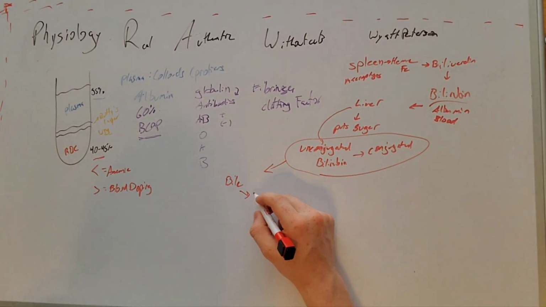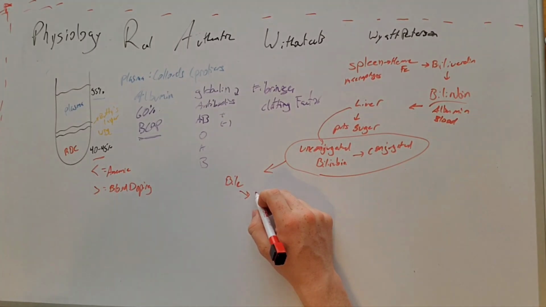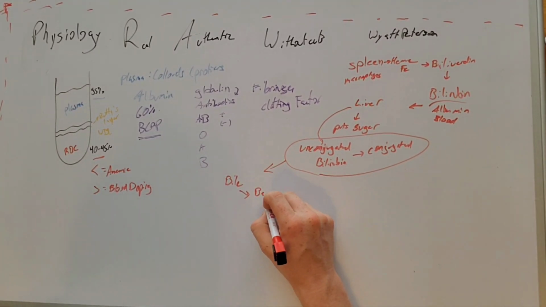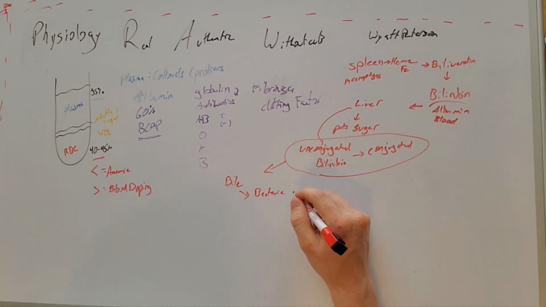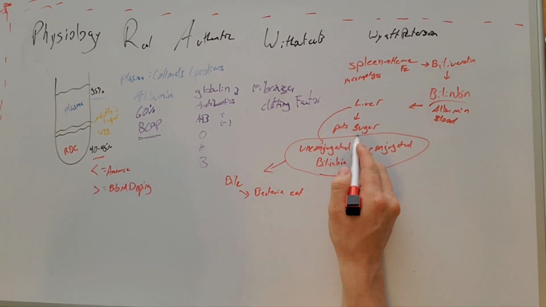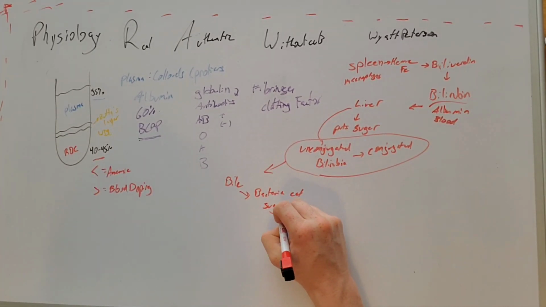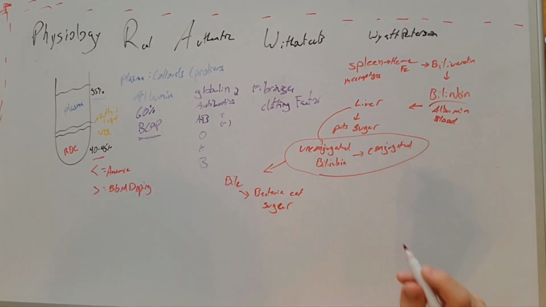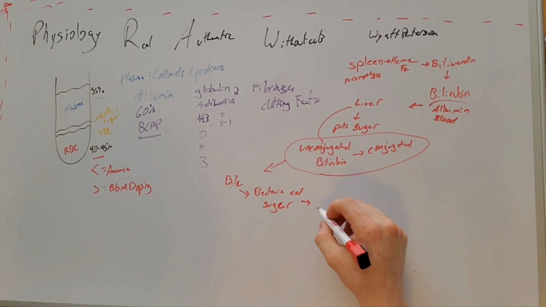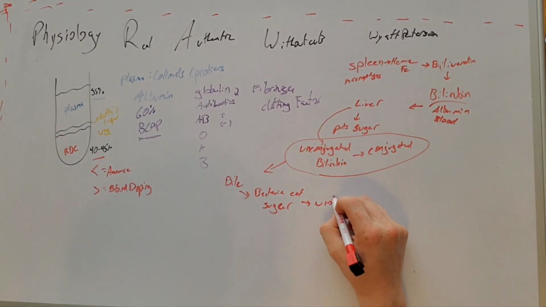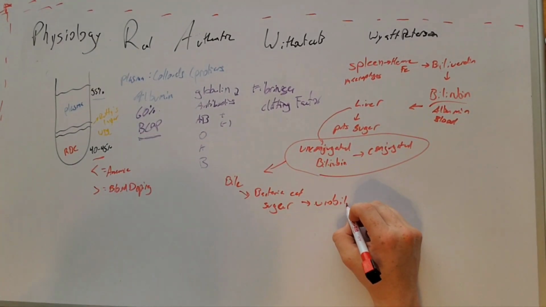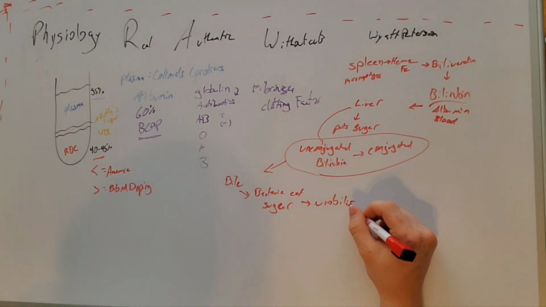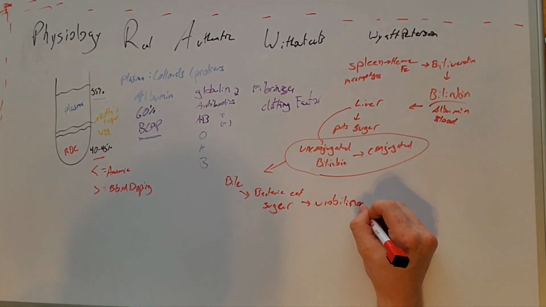And so the bile gets pushed through the intestines until the bacteria in there eat that sugar that was put onto the bilirubin. And then this converts that into, what was it called?